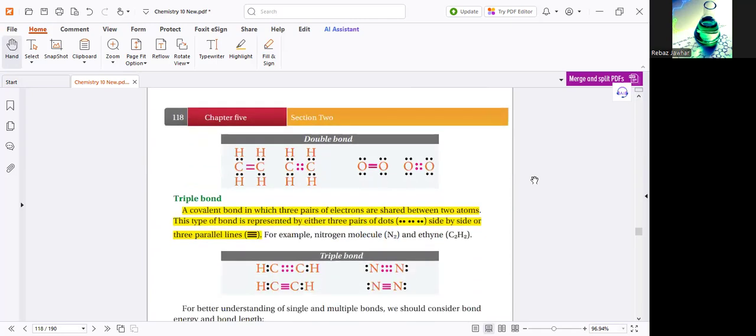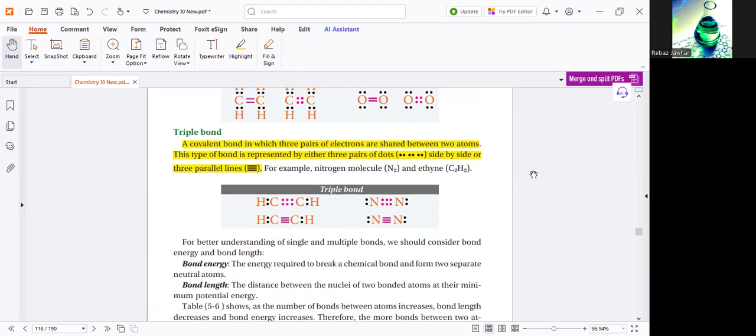For example, C2H4: we can represent the double bond by two parallel lines, or by four dots, because each bond is formed by two electrons. This bond, two electrons; this bond, again two electrons, so we have four. Again, oxygen O2, double bond, so again we have four electrons.